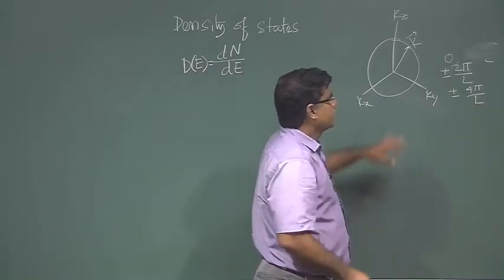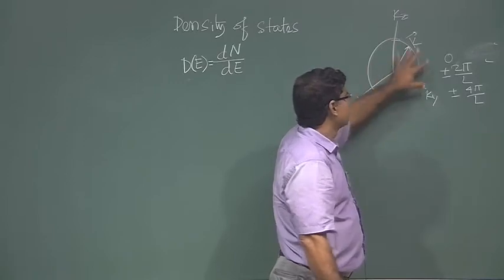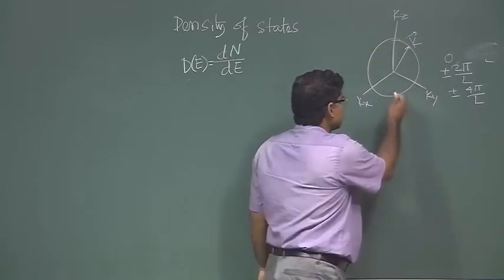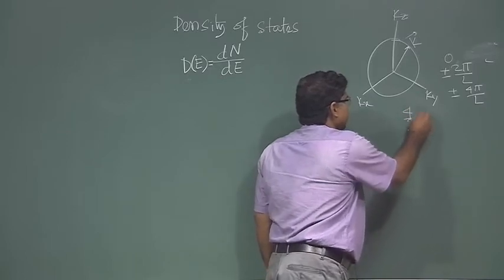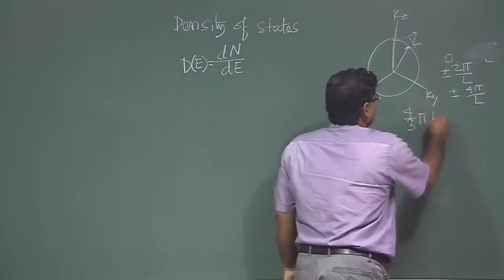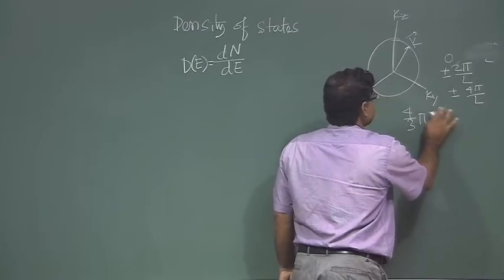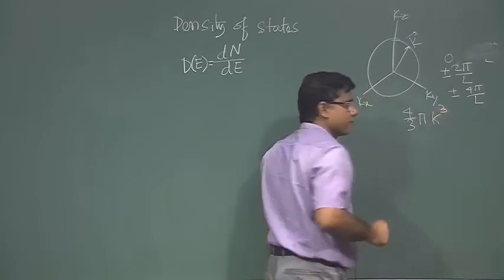So, in this case the volume of this sphere is 4 by 3 pi k cubed. Okay.